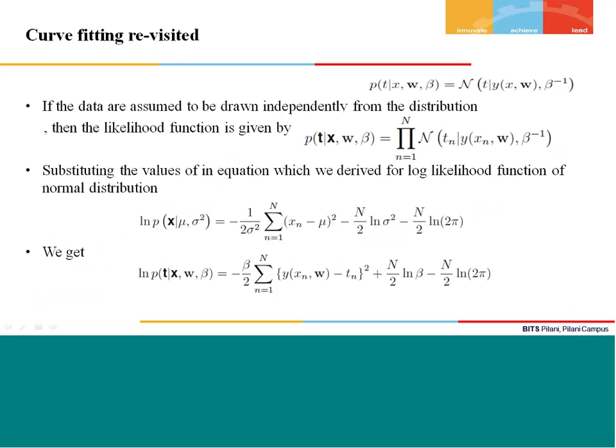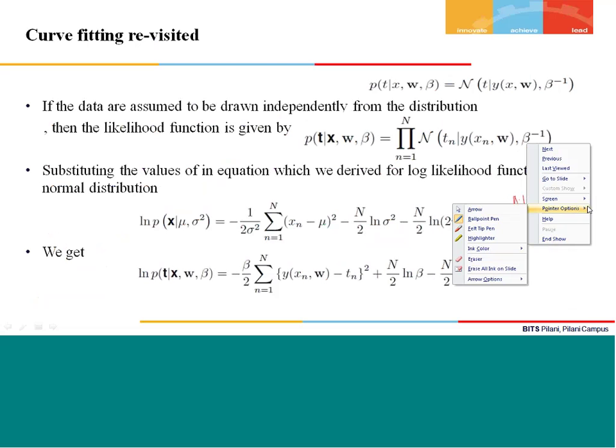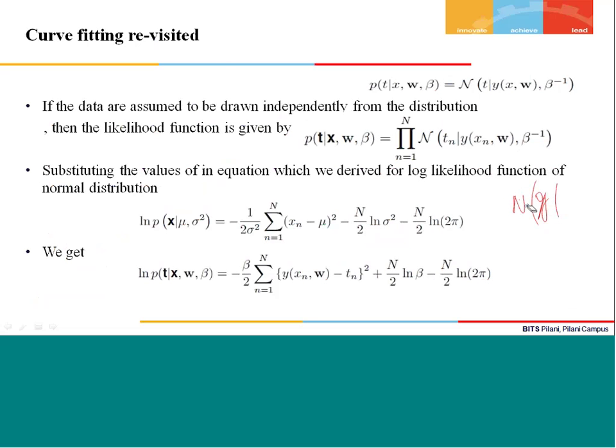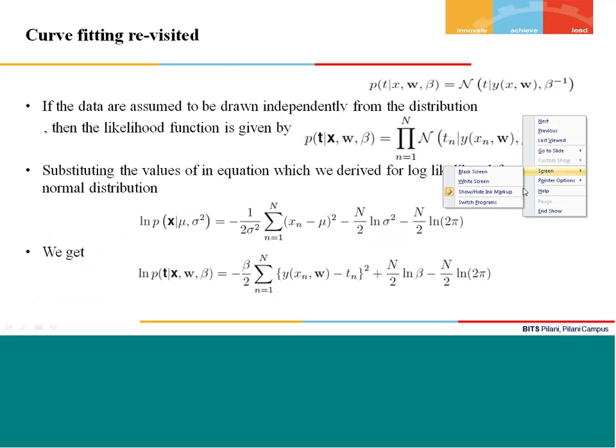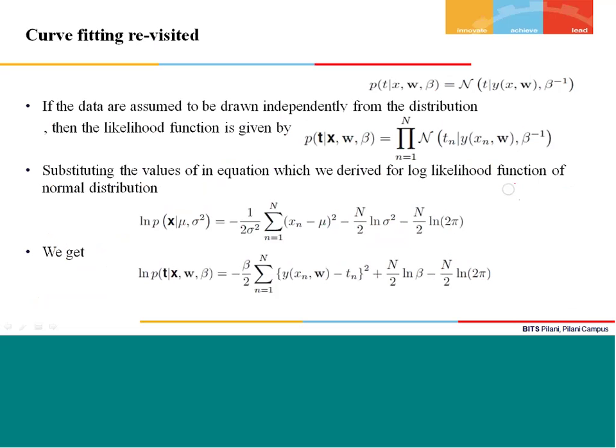Just to recall, the normal distribution was like this: N of x given mu and sigma square, right?